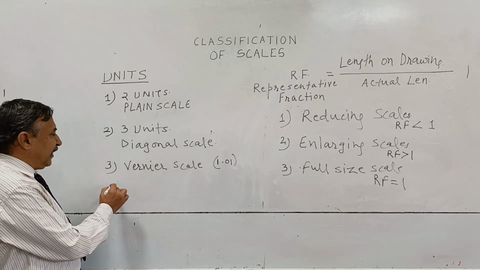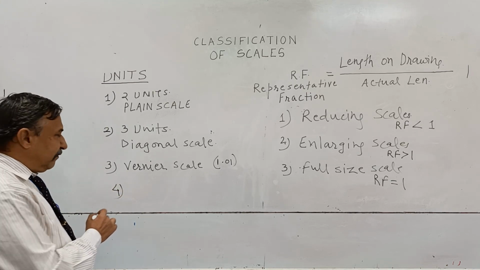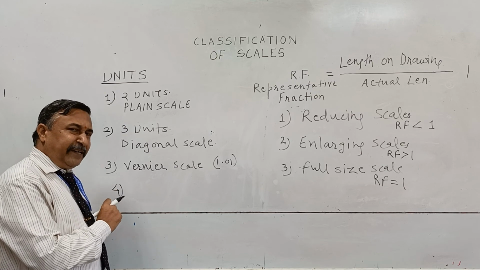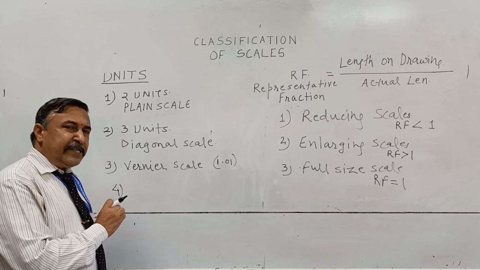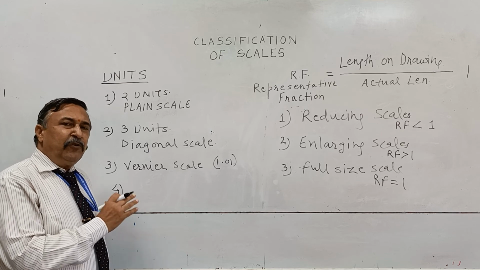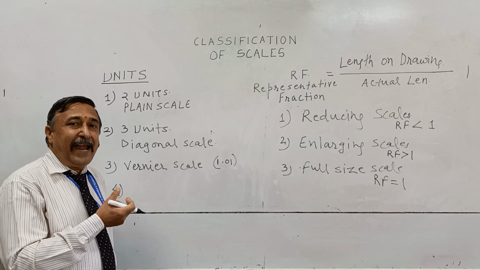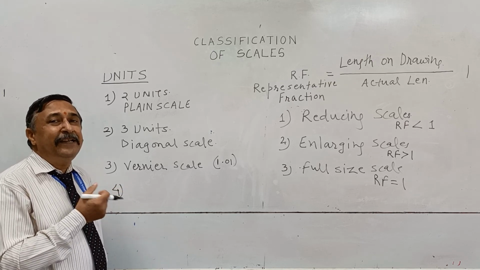Now one more scale. You know the protractor. What is the unit of the protractor? What is the use of the protractor? The use of the protractor is to measure angle, and angle is measured in degrees.